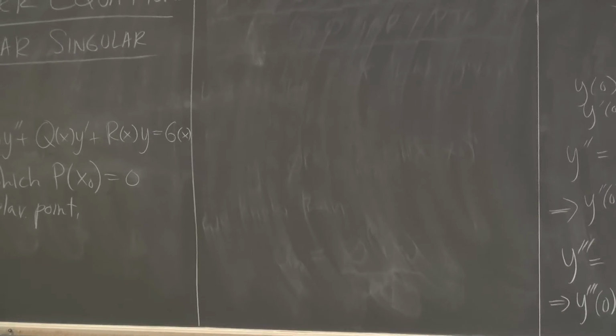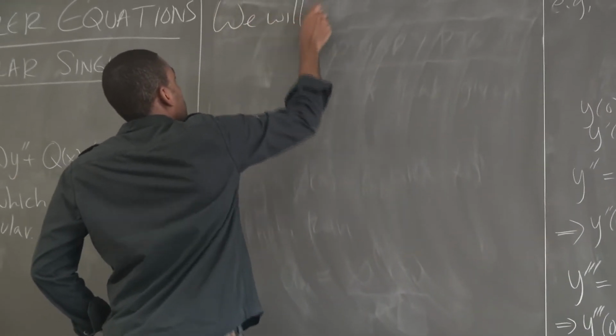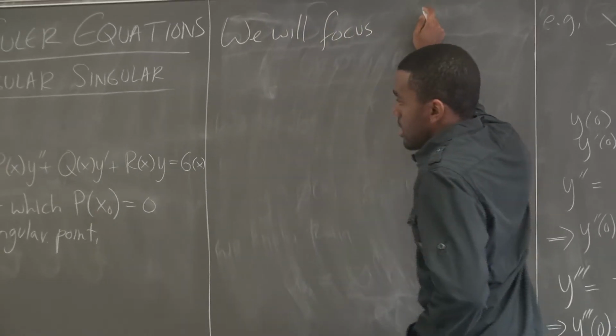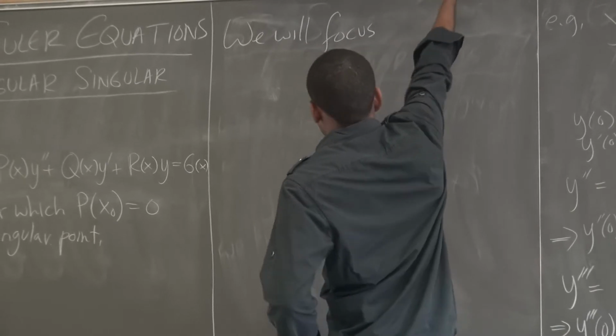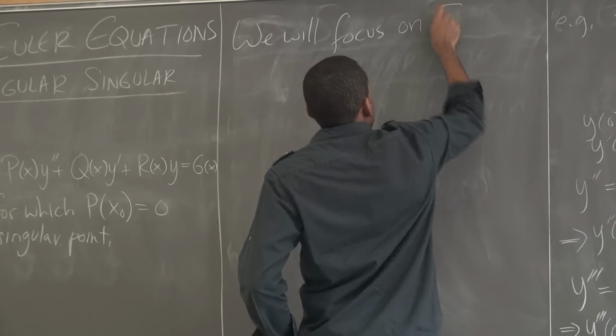Next thing I want to use is Euler's equation. There's a kind of equation that has a regular singular point that is of very high importance. It's called an Euler equation.